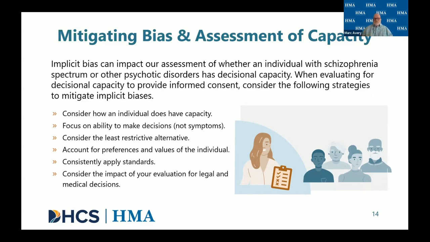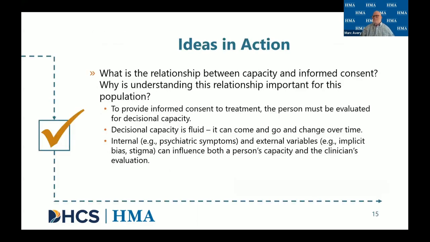So if you apply these and the other standards shown here on the slide, you can really help to both recognize and ward off the impact of bias as you're going through the capacity and informed consent assessment for your patients and respondents. And with that, I'm handing the mic back to Dari.